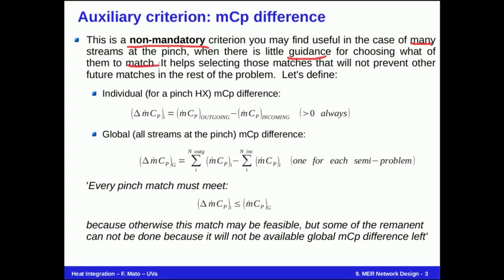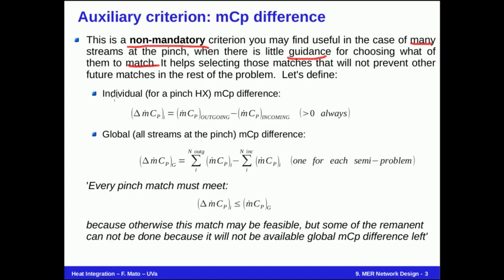This criterion helps select those matches that will not prevent other future matches in the rest of the problem. In few words, it says, if you use too much MCP difference now, in the future you will find yourself short of it for some match.